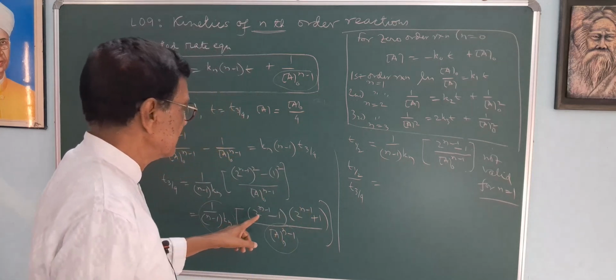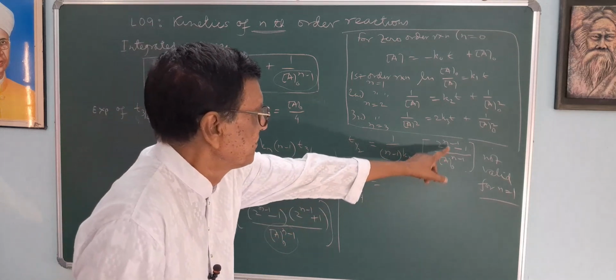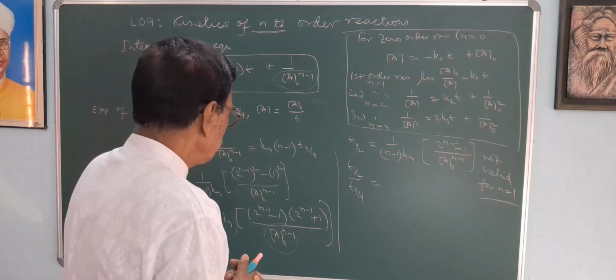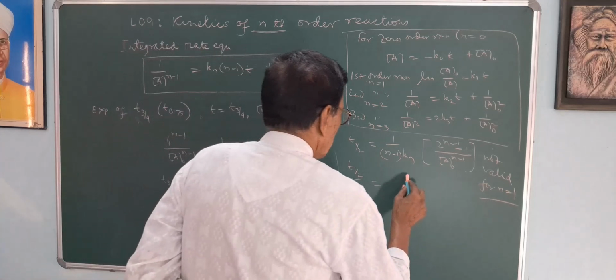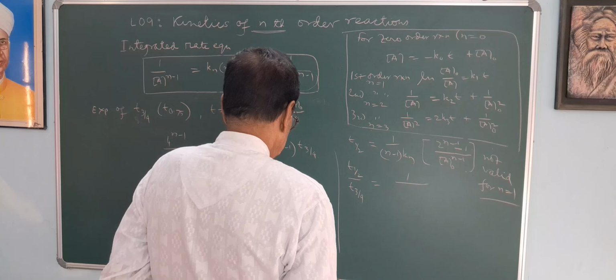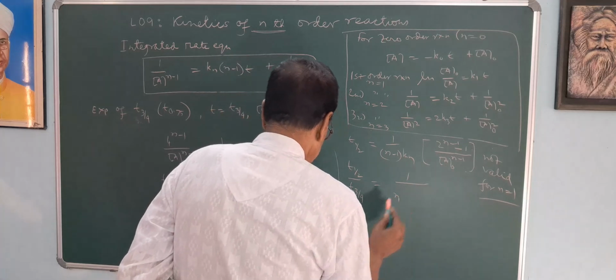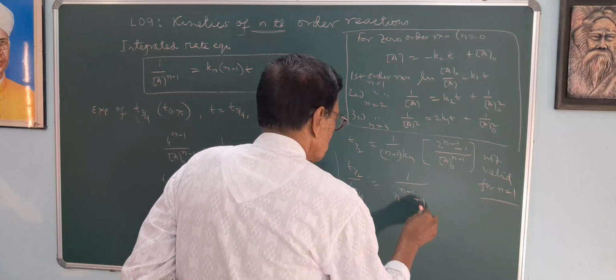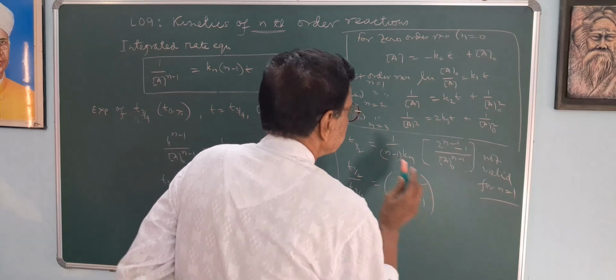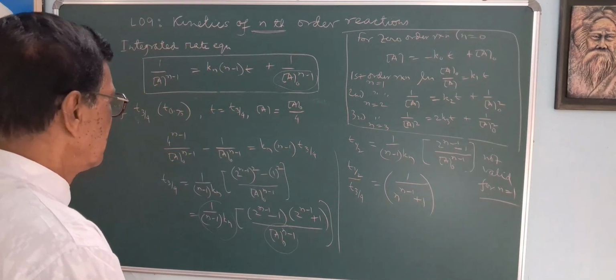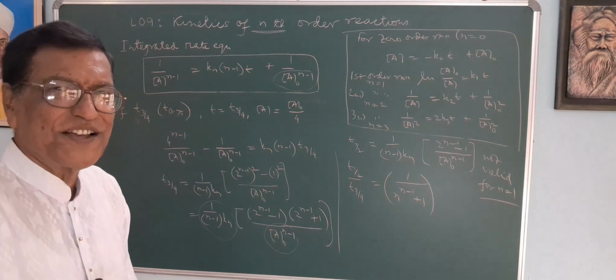So this term and this one totally vanish, and it will give 1 by 2 to the power n minus 1 plus 1. You can check it by yourself.